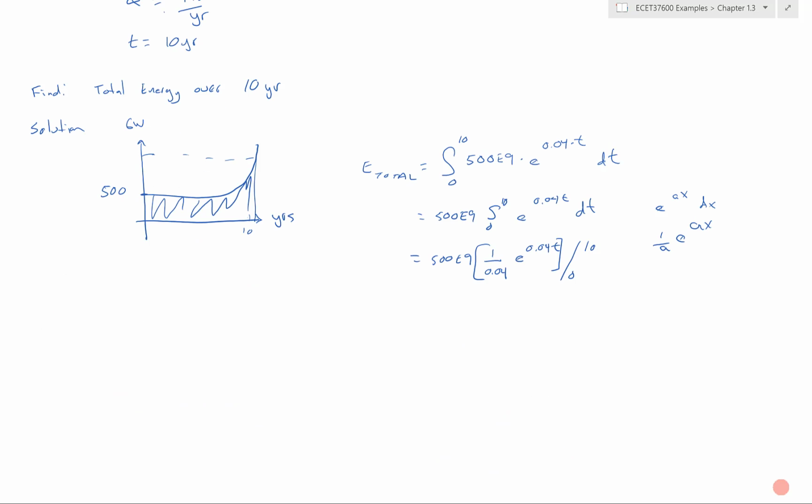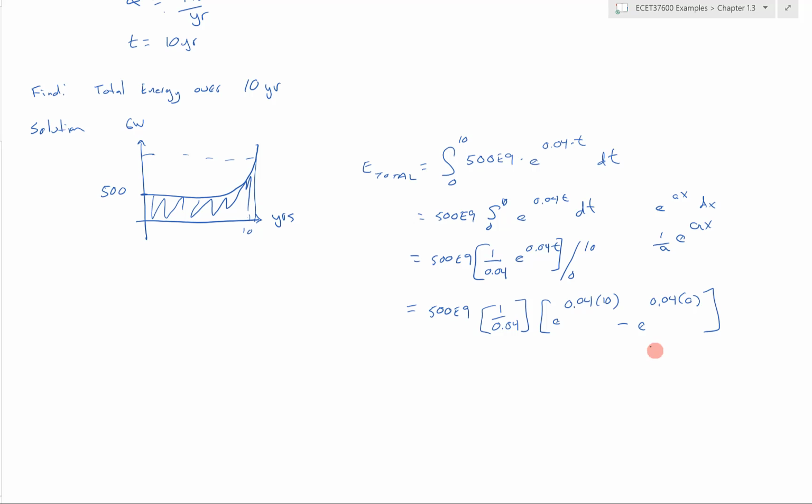So we do that and we get 500 e to the ninth. Remember, that's in watts, and we're going to multiply that. We can pull out the 1 over 0.04, because that just factors out of this term, and then we can say e to the 0.04 times 10 minus e to the 0.04 times 0, year 0.